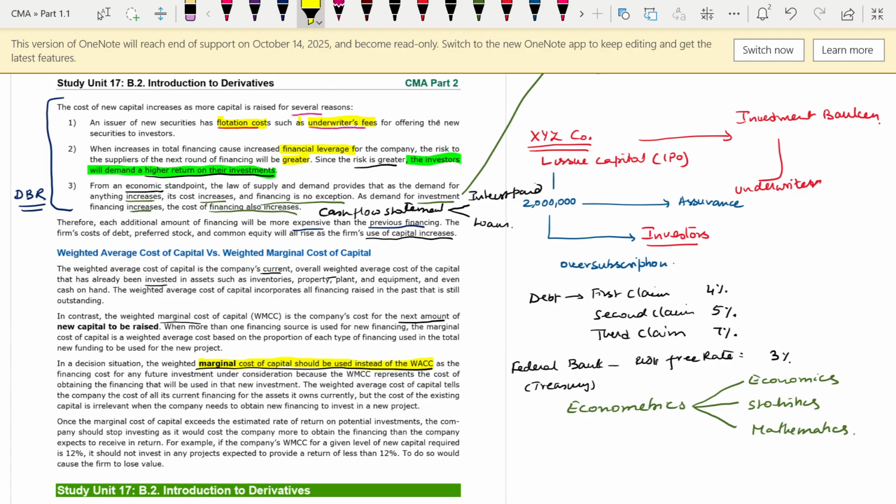The weighted average cost of capital is the past one, the weighted marginal is the new one. Whenever we are making decisions, we use the marginal cost of capital, not the weighted average, because it is talking about any future investments under consideration.